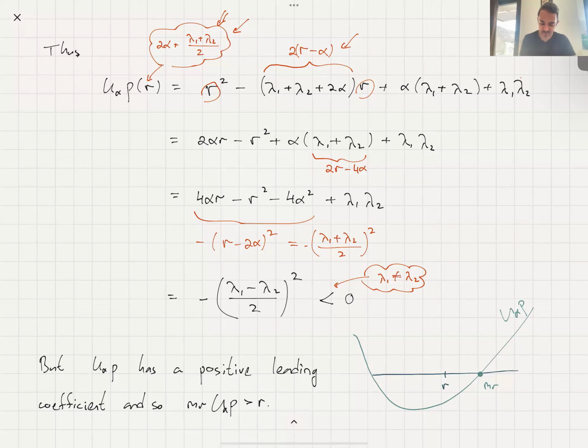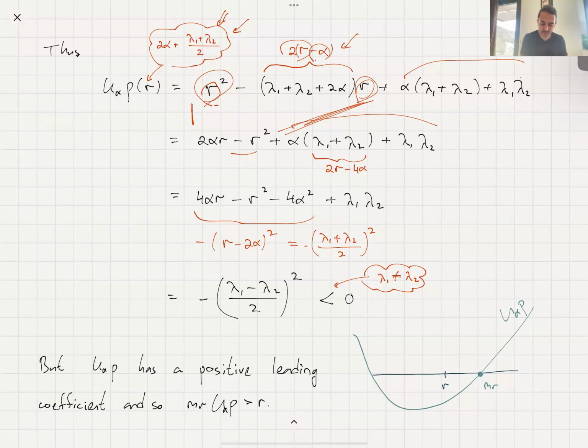You get 2 alpha R because of this alpha here, and you have a minus 2R squared, and you had an R squared here, so you get minus R squared, so kind of these go like that. And the rest I left unchanged.